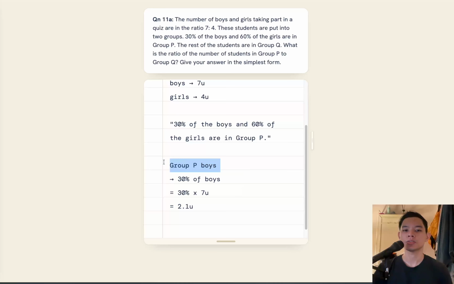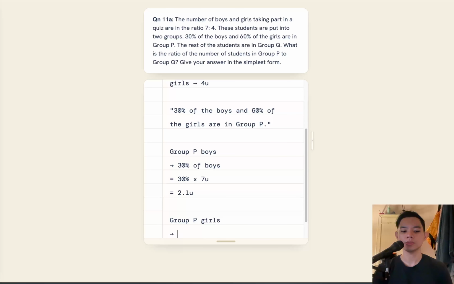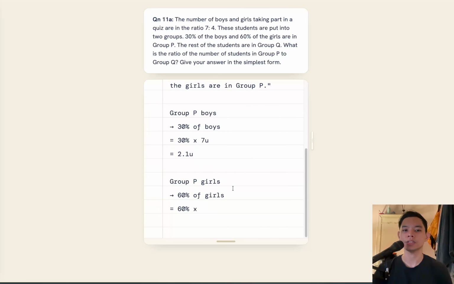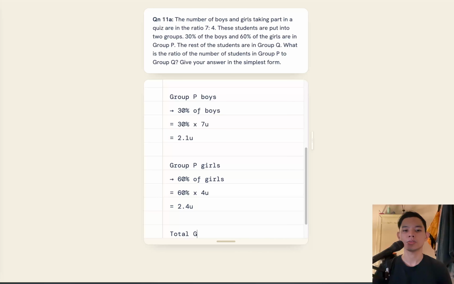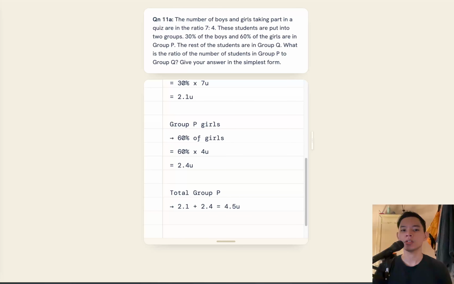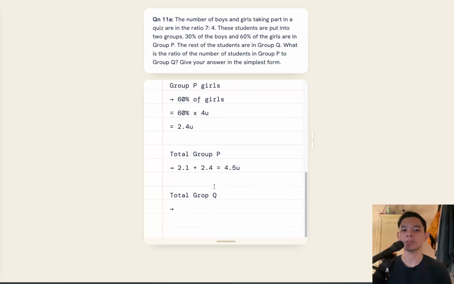Next, group P girls is equal to 60% of girls, which is 60% times 4 units. This will be equal to 2.4 units. So the total for group P will be 2.1 plus 2.4. This will be 4.5. Then for group Q, the total students is 7 units plus 4 units, which is 11 units.